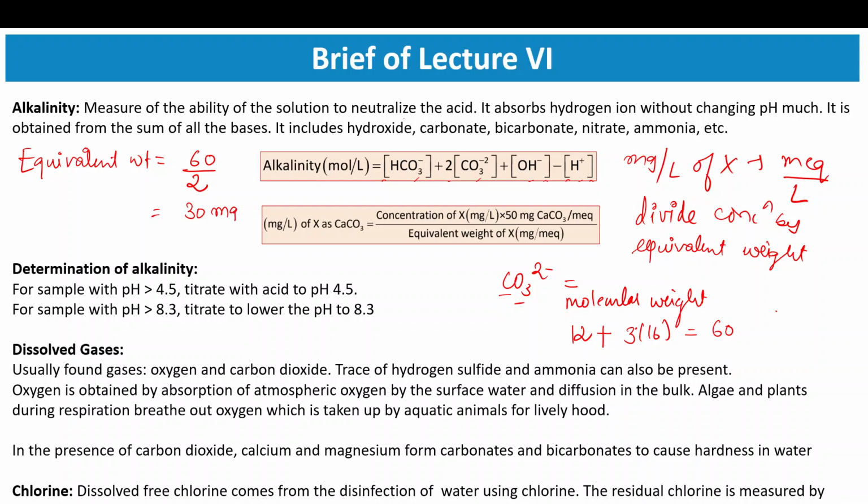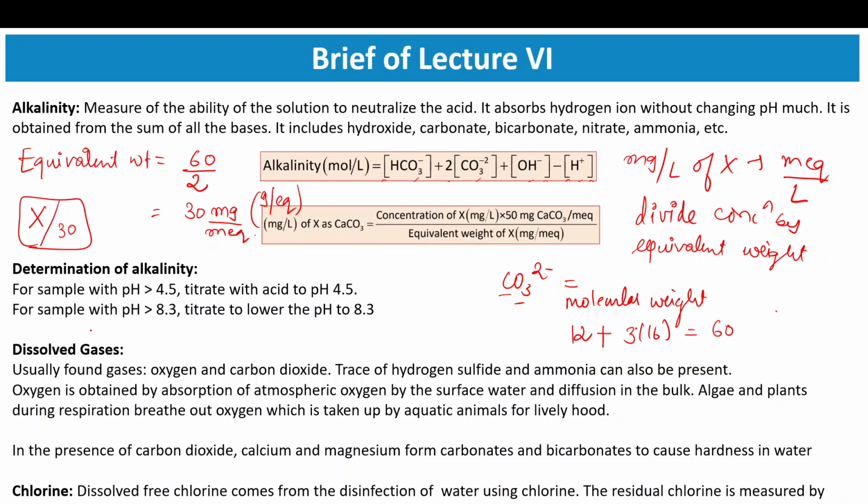Its unit will be milligram per milli equivalent or gram per equivalent, right? So now to find the concentration in milli equivalent per liter, let's say the concentration is X, so you divide it by 30, right? Do you get this point? Till this point, is it clear?